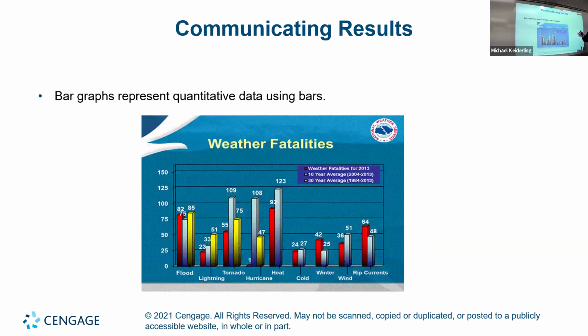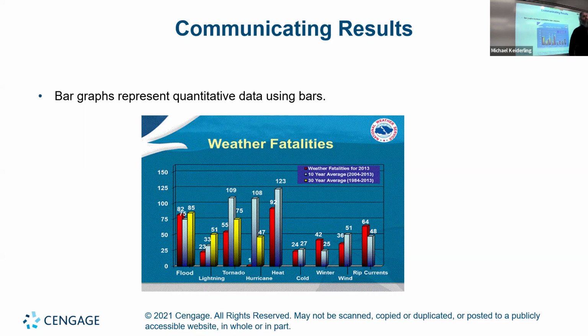And then you can also use bar graphs to represent quantitative data in categories using bars. So the height of the bar tells you how much there is, and then each bar is labeled with the category. And so here, these bar graphs are set up to compare the values for each type of weather fatality for 2013, the 10-year average from 2004 to 2013, and the 30-year average from 1984 to 2013.